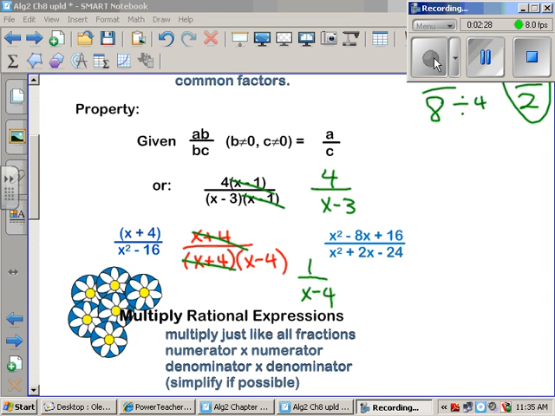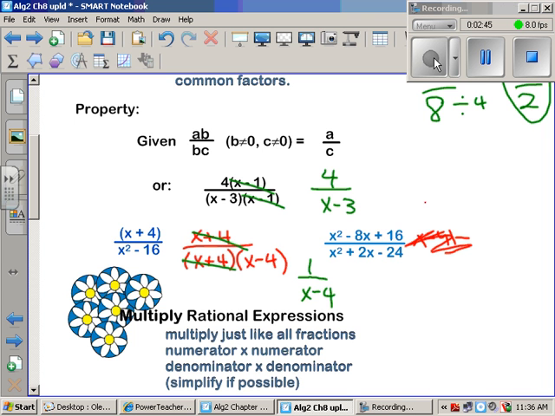Tyler's going to explain how we did this one. So you gotta factor this out, right? So it's basically just gonna be x minus 4, okay?